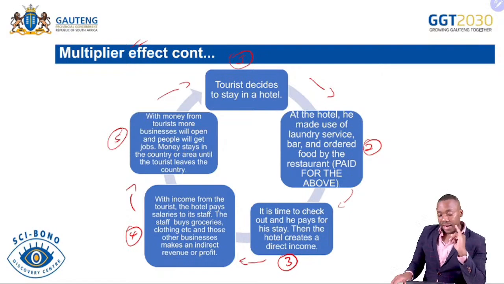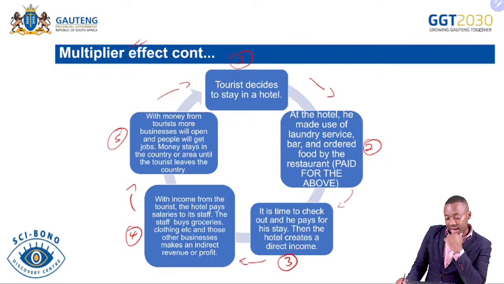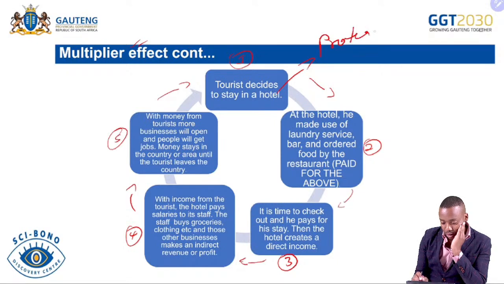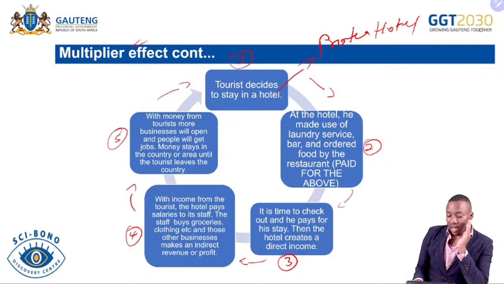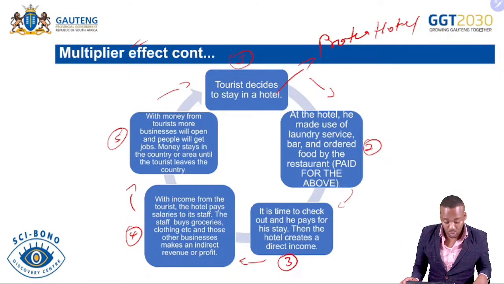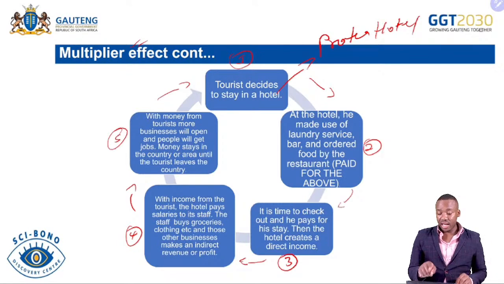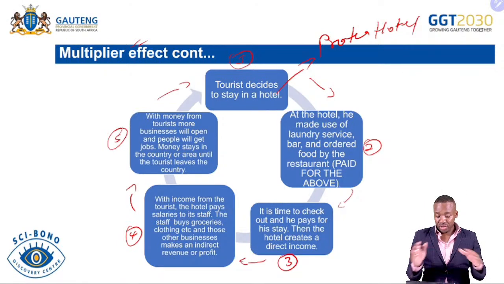Number 1, the tourist decides to stay in a hotel, let us say Protea Hotel, in Sandton, or in Braamfontein there's Parktonian Hotel. Obviously, after they exchange their currencies, they need to pay for their stay at the hotel. They've received their hotel room and so on.